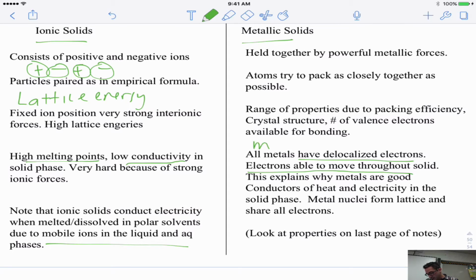This is sometimes called the mobile sea of electrons, because those electrons are able to move throughout all of the atoms. They're free to move. So when you look at a metal and see that it conducts electricity as a solid, is malleable, is ductile, has luster, all of these things go back to the idea that the electrons are able to move.